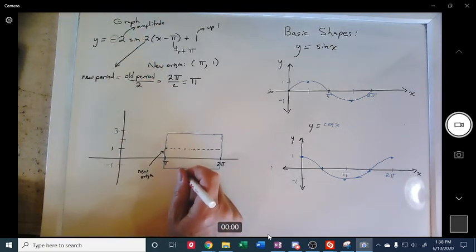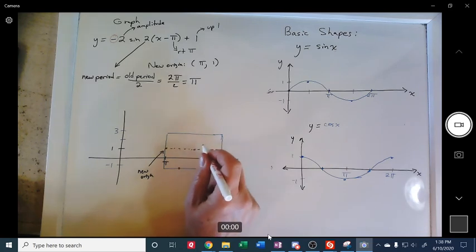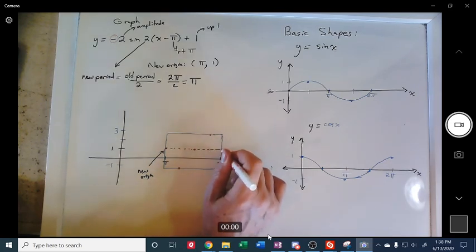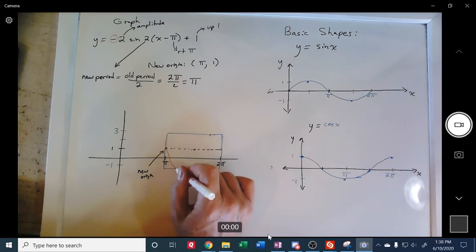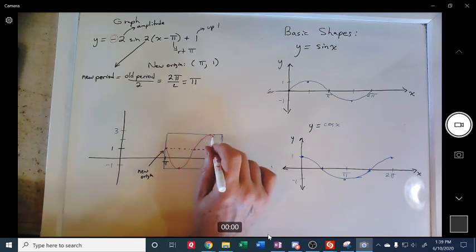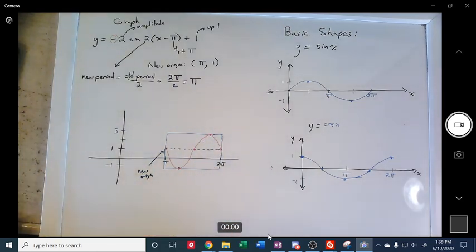So it's going to go down, up, up, down, and we get this shape right here. And so all the stuff we learned about graphing trig functions in trigonometry is really just another application of transformations.